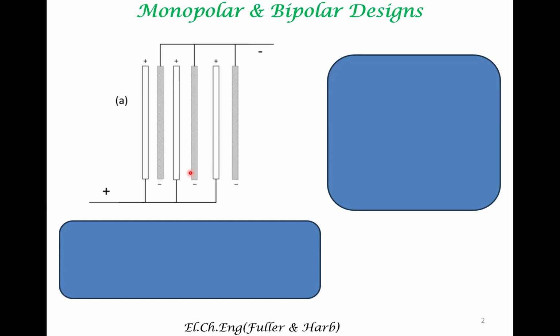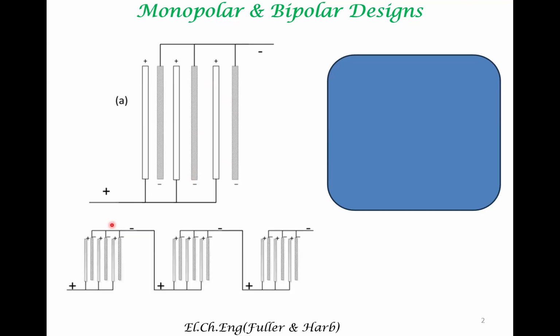It is possible to get more potential from this monopolar design by connecting different cells together. For example, this setup, wherein these cells are in parallel, this entire thing can be connected in series to this stack of cells and this stack of cells.